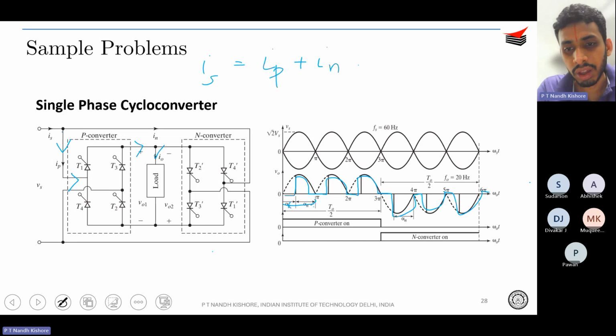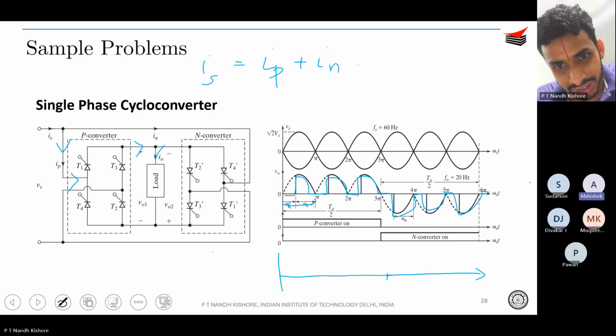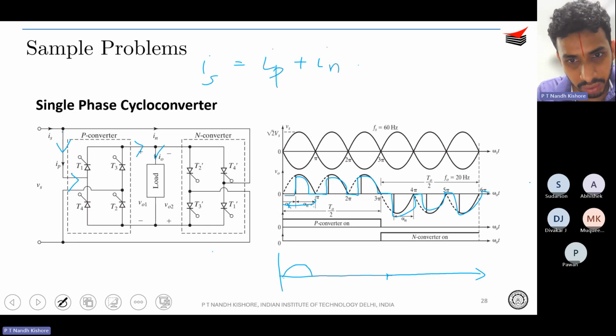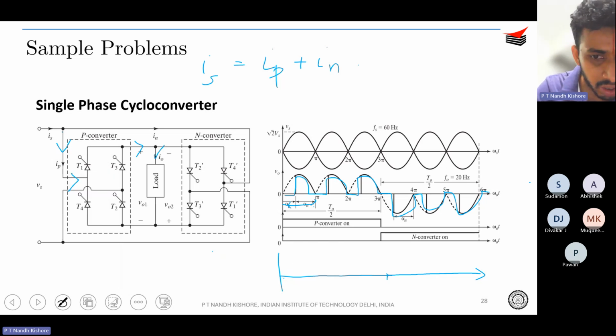So IP is going to be 0 during this period, and for the first 3 cycles the current is going to flow. How will the current be in the first cycle? Positive in the first 0 to pi, then it should be negative in pi to 2 pi, the input current. Correct. I should not be drawing the full cycle. Probably something like this.